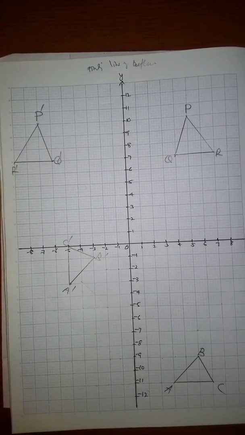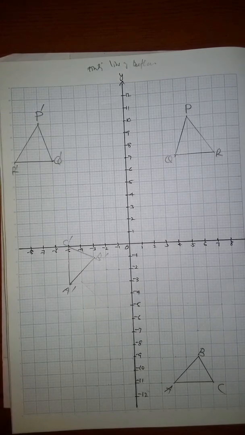In some instances the questions are given where the object and image are both given, and you are asked to find the line of reflection, or sometimes you are asked to fully describe the reflection, giving you the line, image and object.